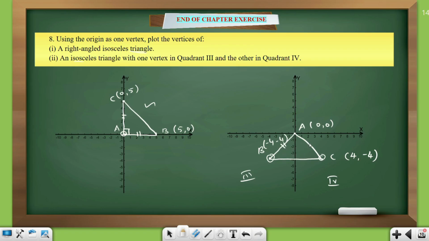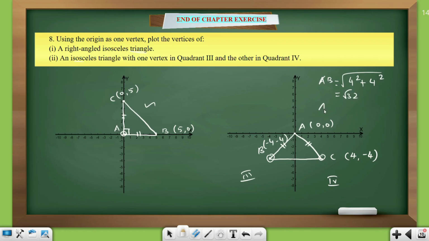Now this AB and this AC must be of the same length, because when you calculate AB's length and AC's length, it will give you the same answer. AB is equal to the square root of (0 minus -4) whole square, which is plus 4 whole square, plus (0 minus -4) again plus 4 whole square. So the answer is 16 plus 16, root 32.